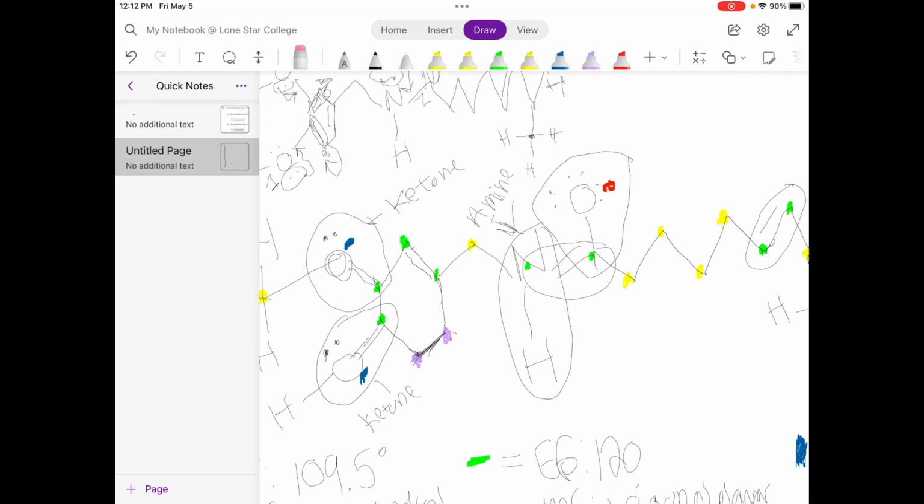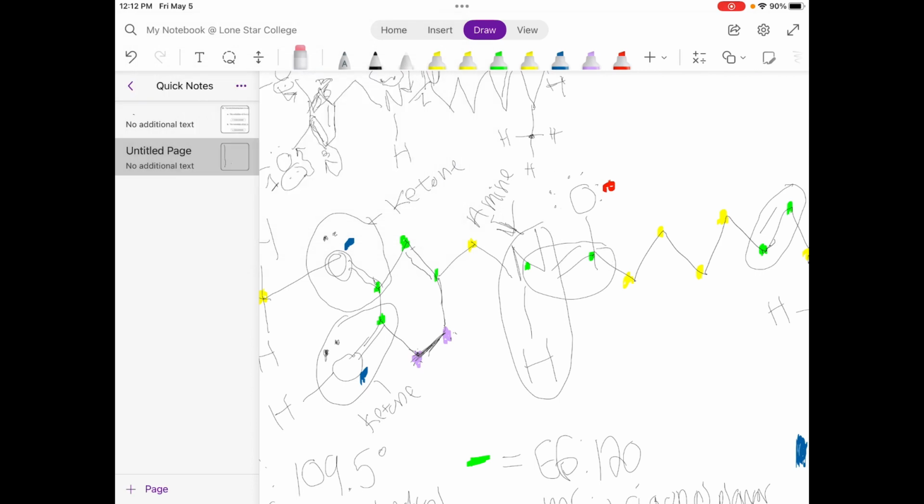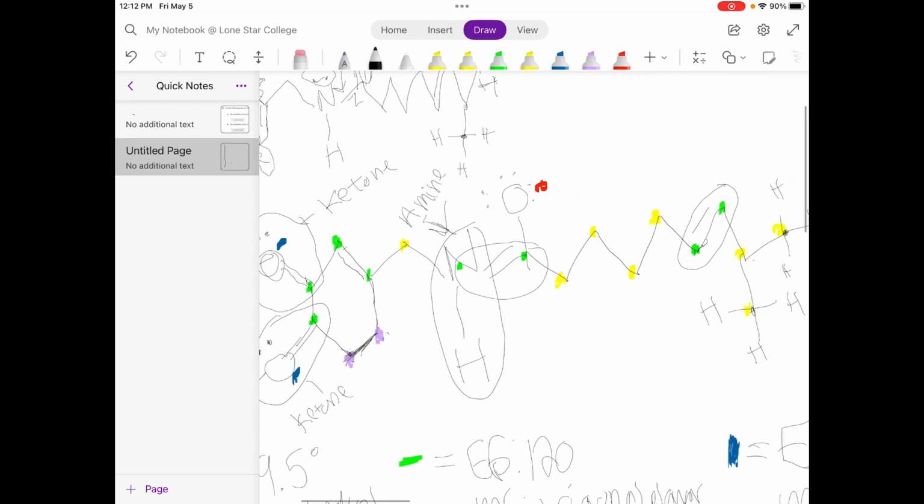I'm just gonna erase this because it's no longer an amide. Like I said, C double bond C, that's an alkene. This is an alkene. Alkene.